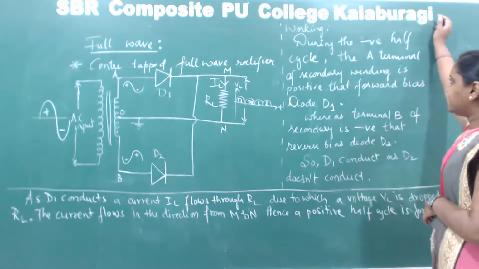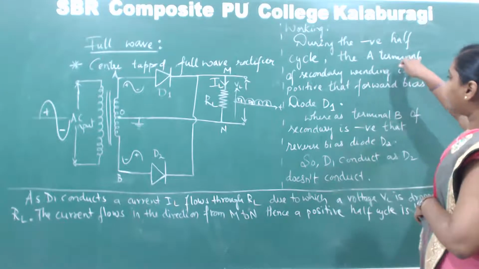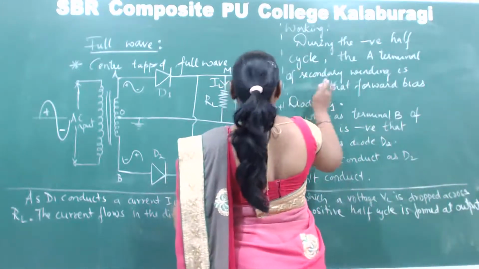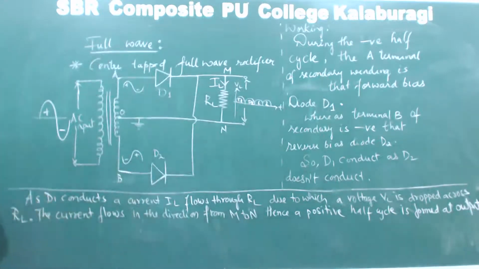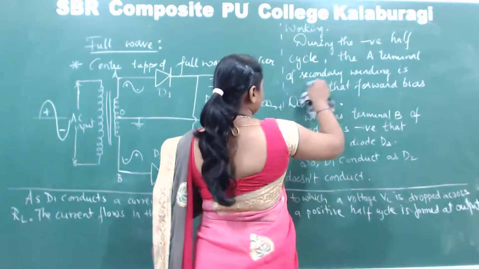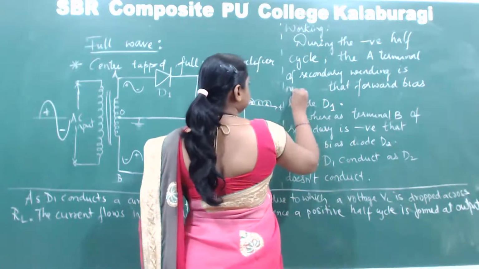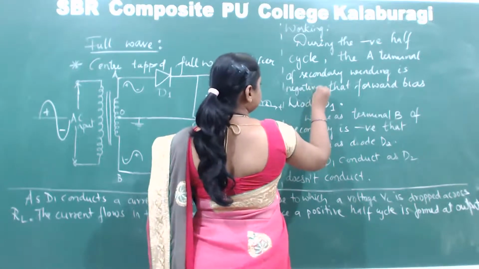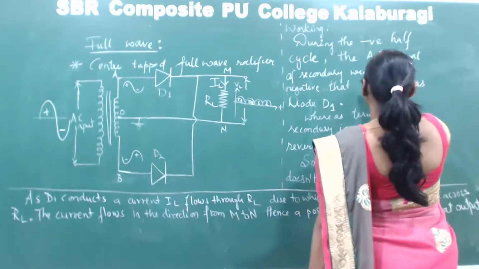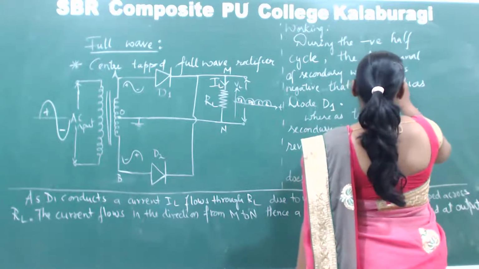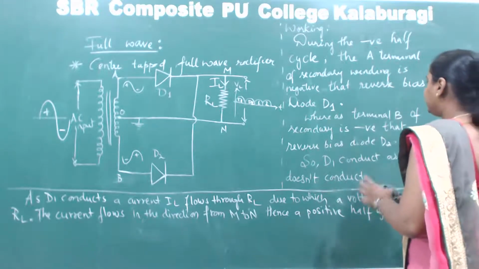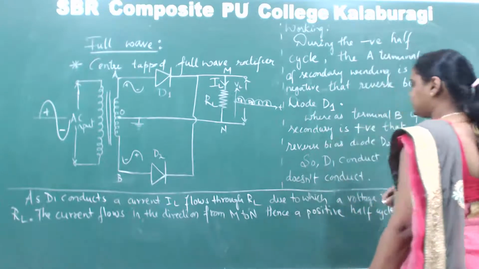During the negative half cycle, the A terminal of the secondary is negative. That reverse biases diode D1, whereas terminal B is positive.